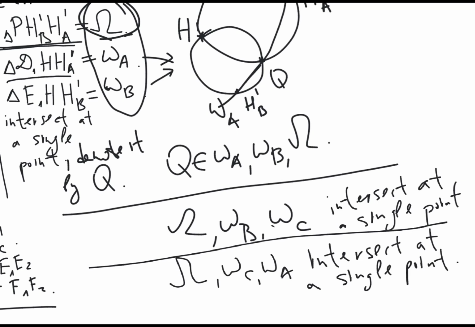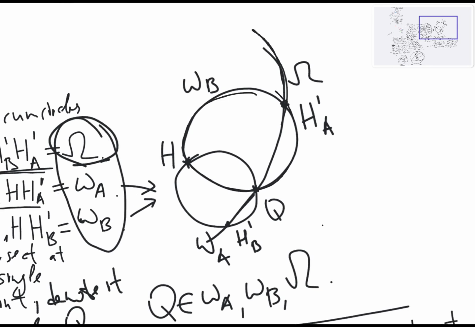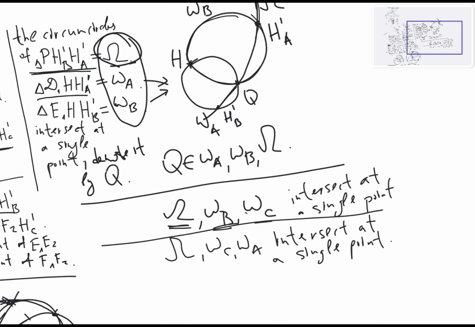So from these three results, what can this point be? The point of intersection of omega B and omega C. We know already that omega and omega B, from this picture, already intersect at 2 points, HA prime and Q, right? This point of intersection cannot be HA prime because omega C doesn't pass through HA prime.